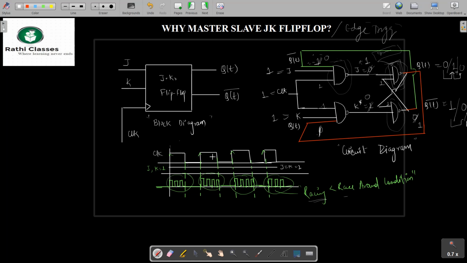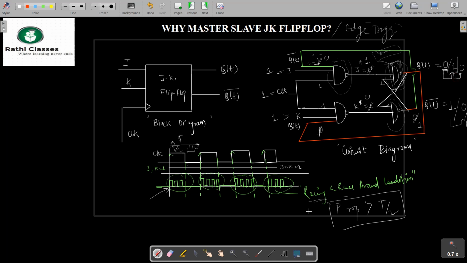Say this is the entire time period t, and this is t by 2 and this is t by 2. What if the propagation time required by this NAND gate is greater than t by 2? If it is greater than t by 2, the output itself won't be generated, or it will hold 0 for a certain time, and so the next toggle won't be possible.